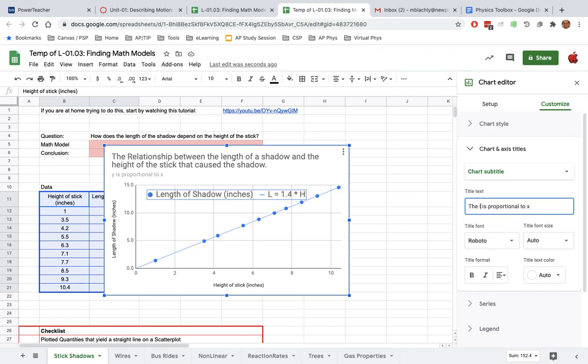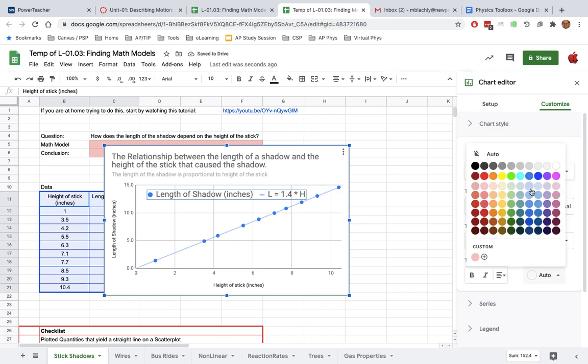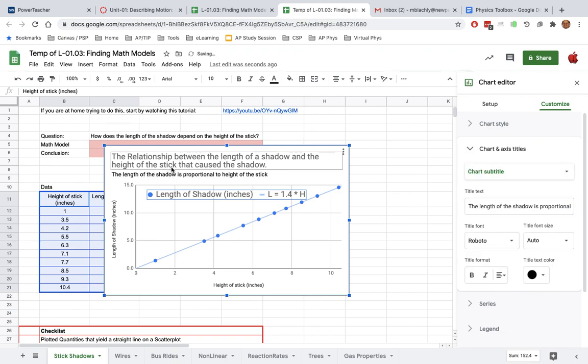So the length of the shadow is proportional to, and then I need to go over here and take out x, and that is the height of the stick. Okay, so that's my conclusion. It makes it this funny gray color. I'm going to change it to black so I can see it. So that's the conclusion, and I'm just going to type conclusion here like that.